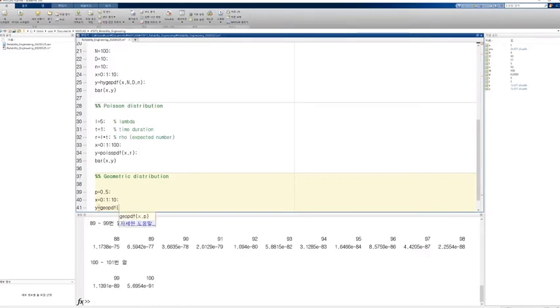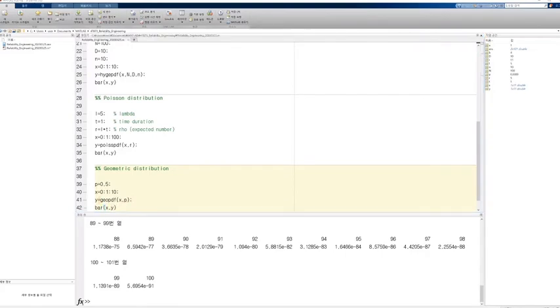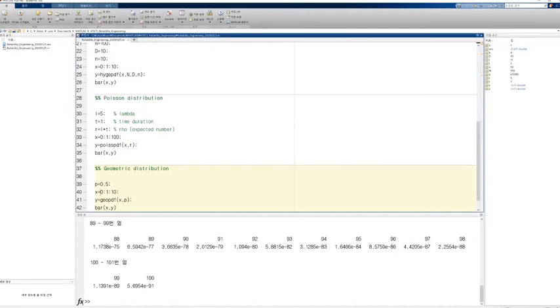And x and the probability X and Y will give us this type of result. I'm sorry, x equals 0 does not make sense, so x should start from 1.